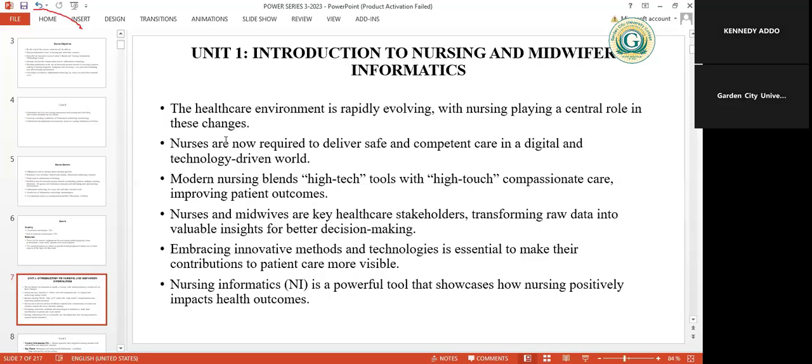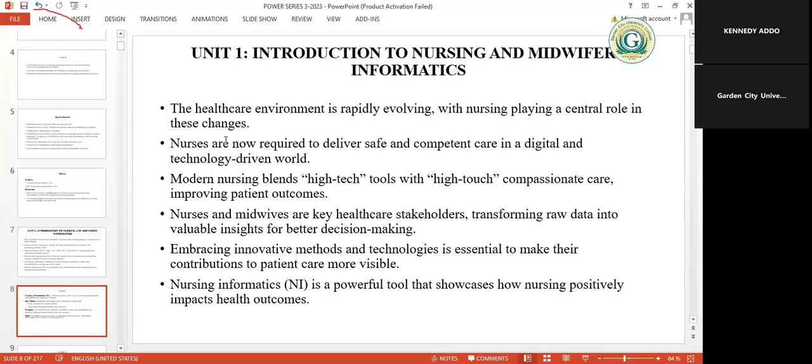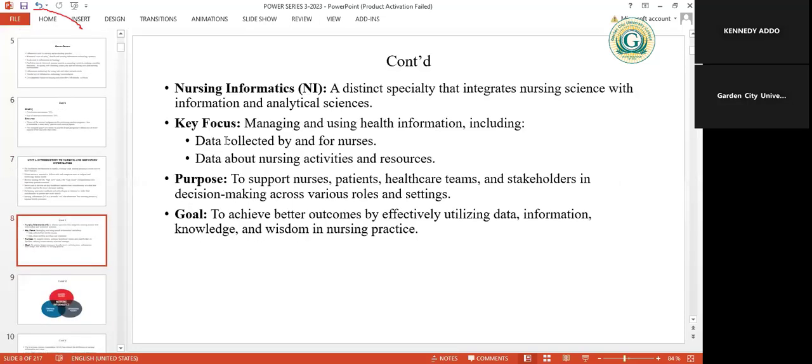Now, nursing informatics is a powerful tool that showcases how nursing positively impacts healthcare outcomes. It is a distinct specialty that integrates nursing science with information and analytical sciences. So the focus here is managing and using health information, including data that is collected by nurses and that is also expended by nurses.